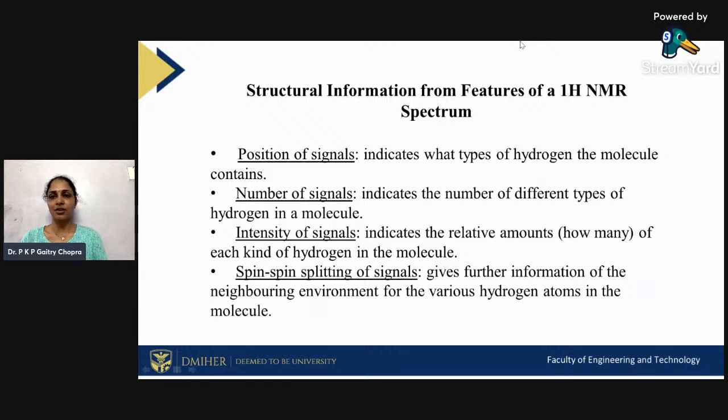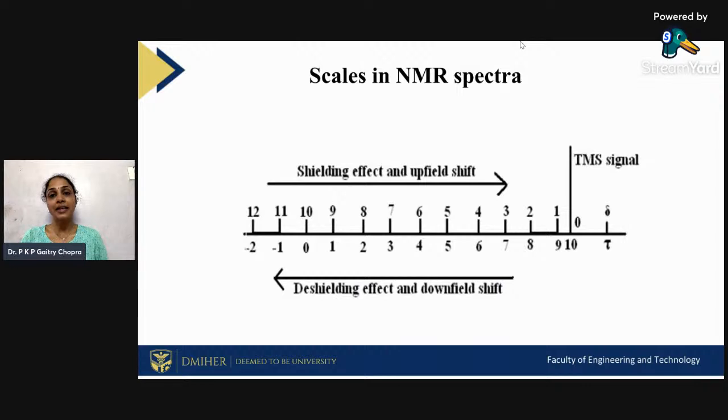We'll see the reasons for that splitting and how it happens. Spin-spin splitting also gives us information about the neighboring environment of the proton or nucleus under test, what other nuclei or protons are present in its vicinity.